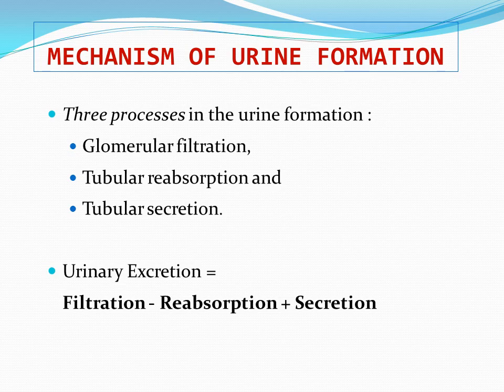By this you can tell that the urine ultimately excreted by the kidney is filtration minus reabsorption plus secretion. That means initially the plasma is filtered into the tubules, out of that the maximum is reabsorbed again and given back to the blood, and certain substances are secreted into the lumen from the blood. So ultimately this will make urine.